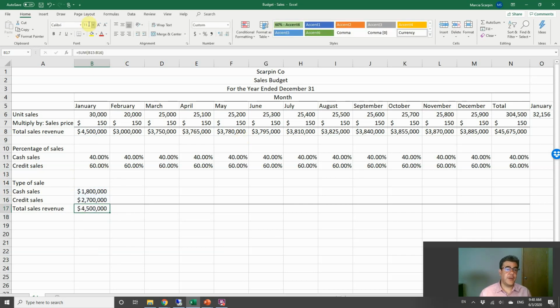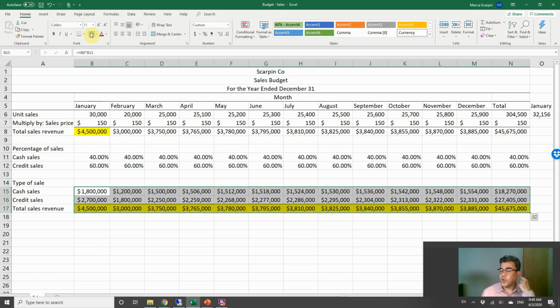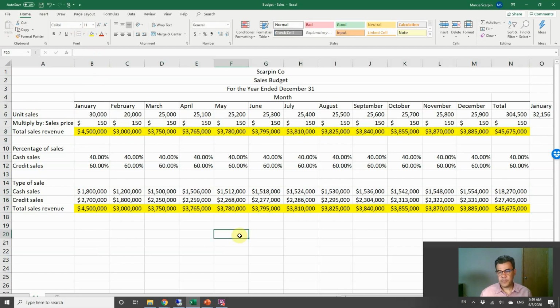And these two numbers here must match all the time. And we copy and paste this formula until our total. And again, the totals must match.